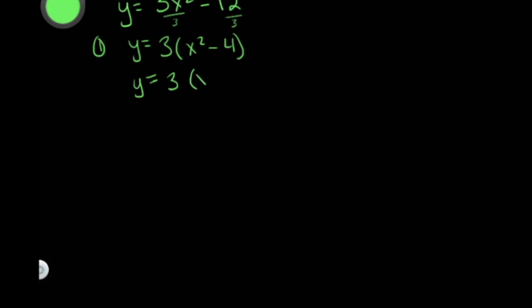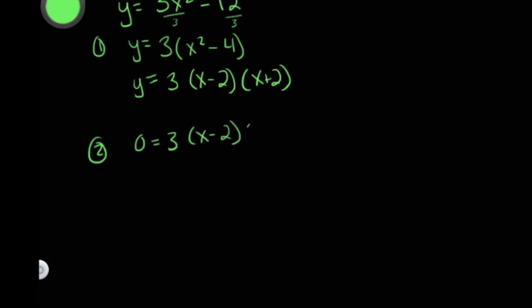One bracket is x minus 2, one bracket is x plus 2. So step 2 was to set my equation equal to 0. So I have 0 equals 3 times x minus 2, x plus 2.